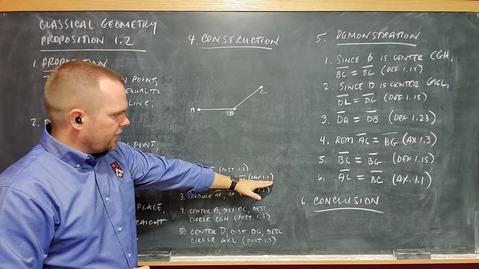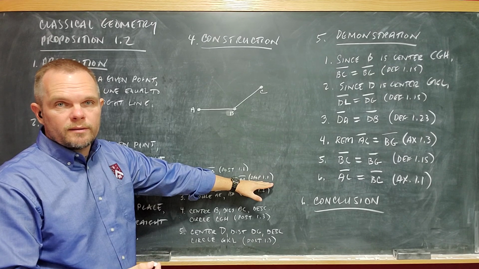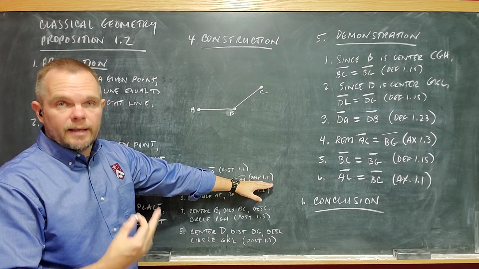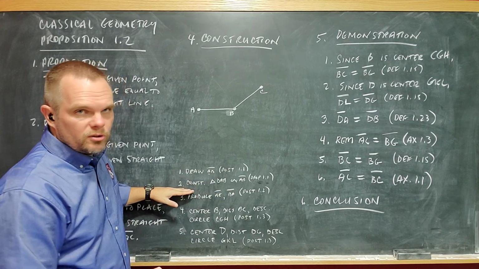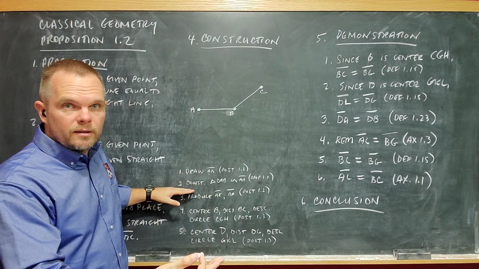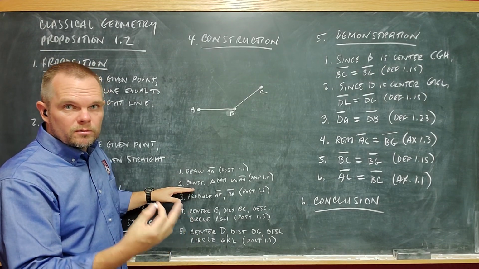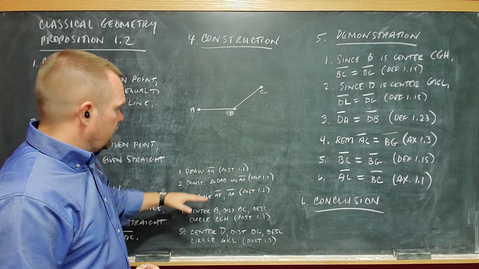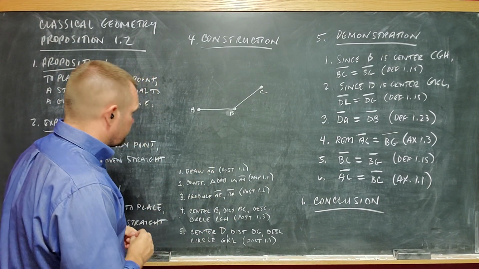We can do that because we just proved in proposition 1.1 that it can be done and how it can be done. So we're going to do here in step 2 what we did in proposition 1.1 to construct an equilateral triangle. Okay? If you don't remember how we did that, let's walk through it.